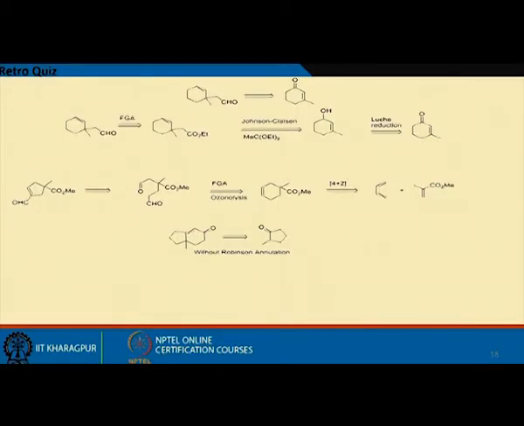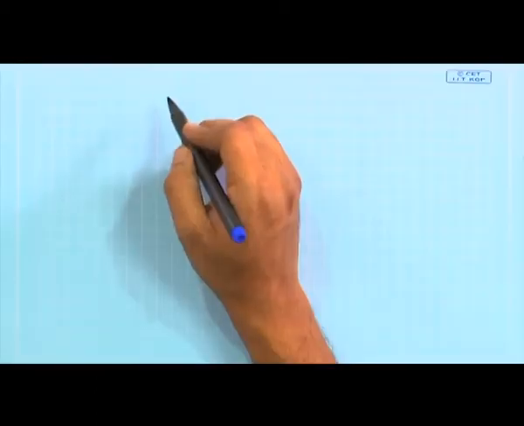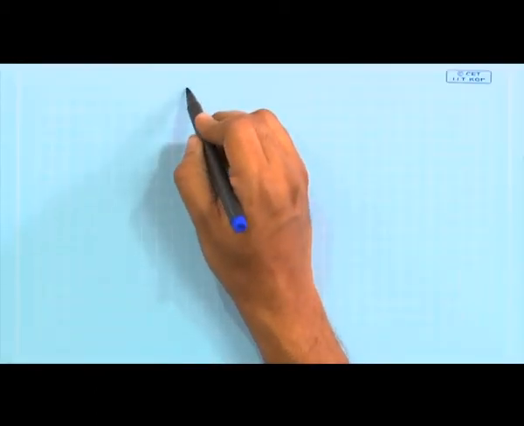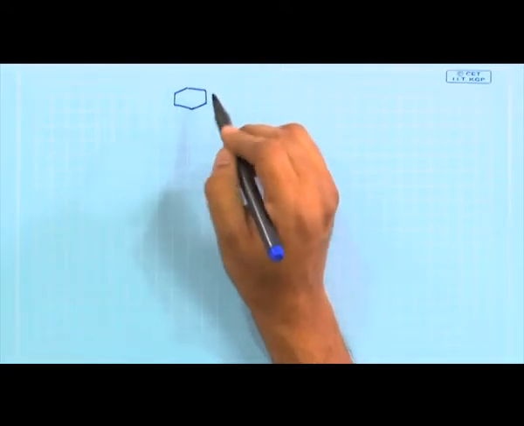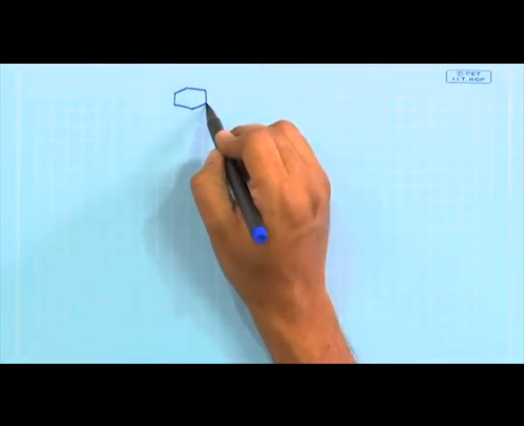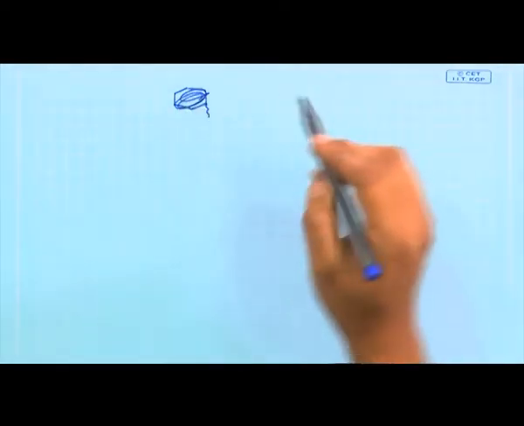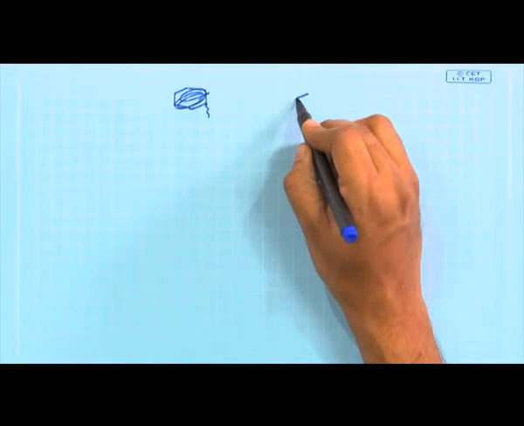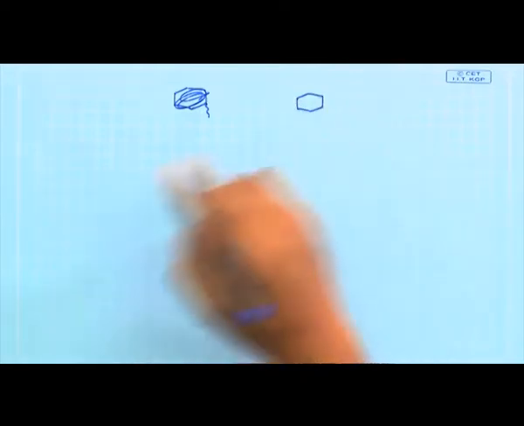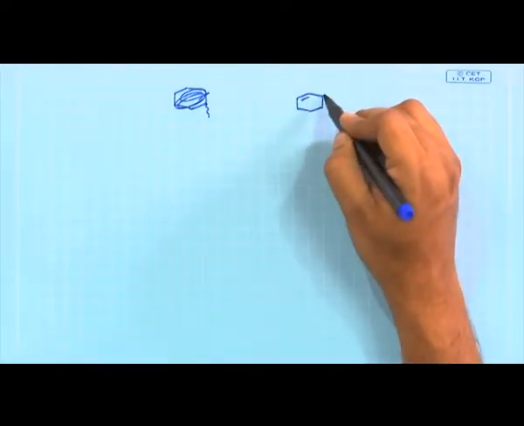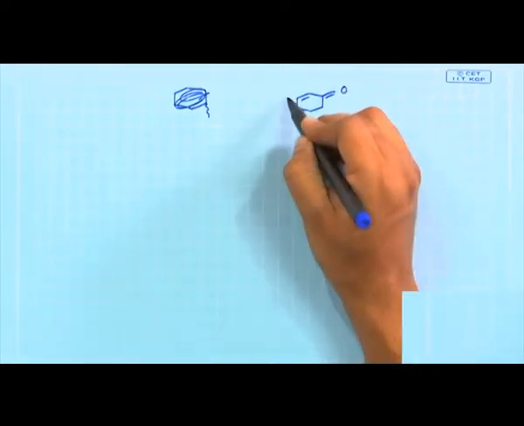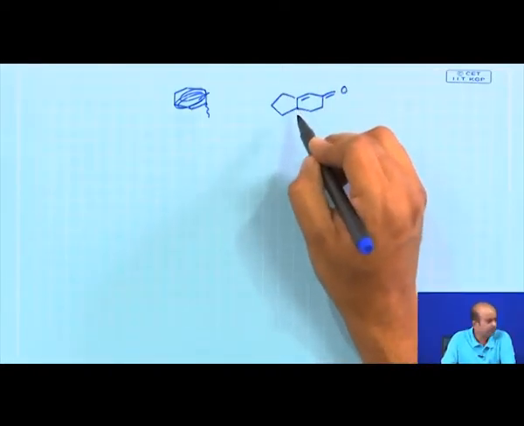The next one is absolutely tricky. I said you have to make this kind of bicyclic compound. Okay, sorry, this structure is wrong. So, you have to make a bicyclic compound which was drawn in the slide without using the Robinson annulation.